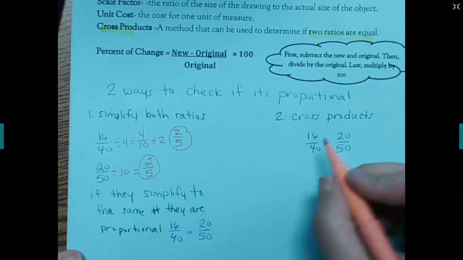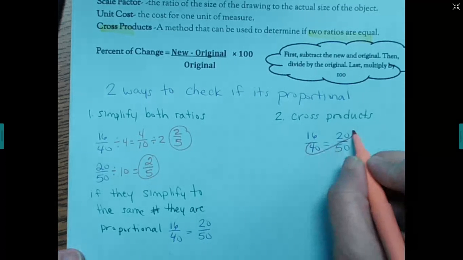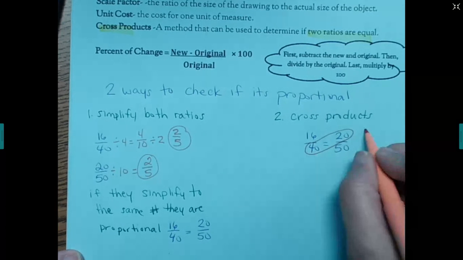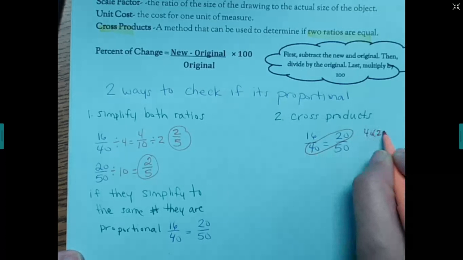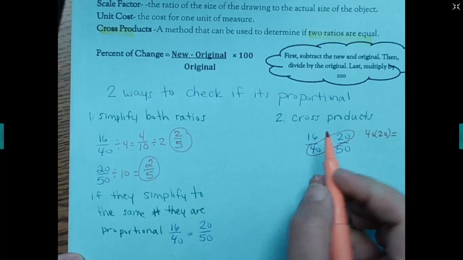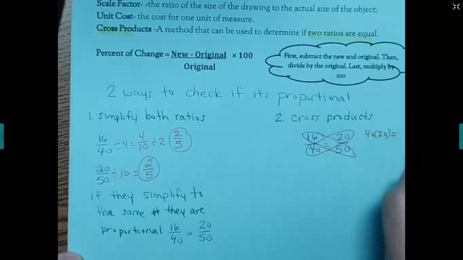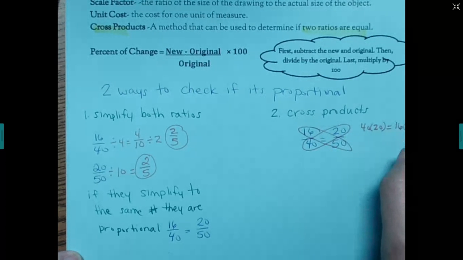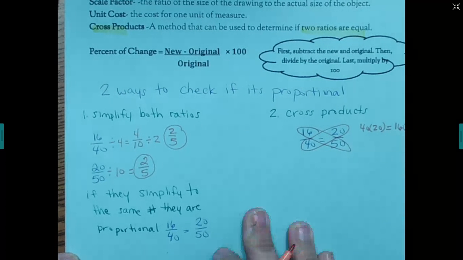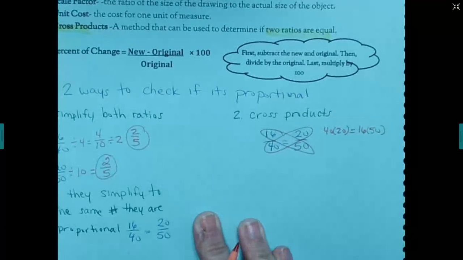So you would do your butterfly. This is 40 times 20 equals, this side is 16 times 50. And then product just means multiply, the answer to a multiplication problem.